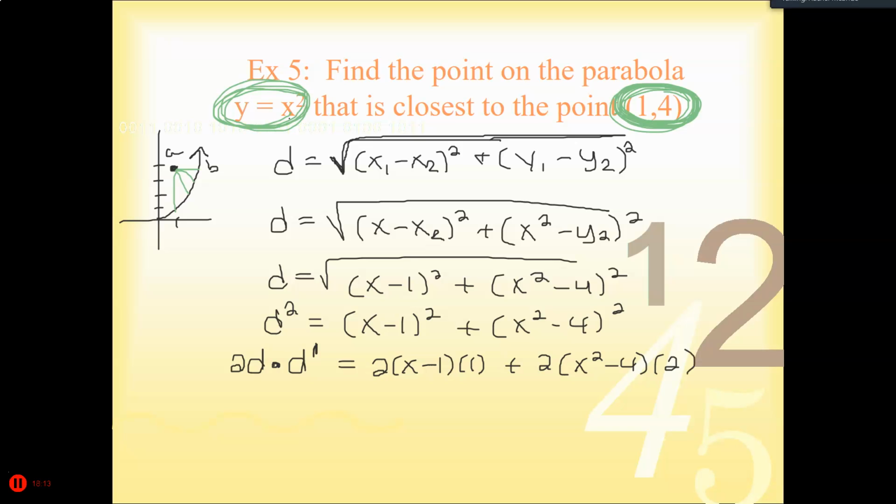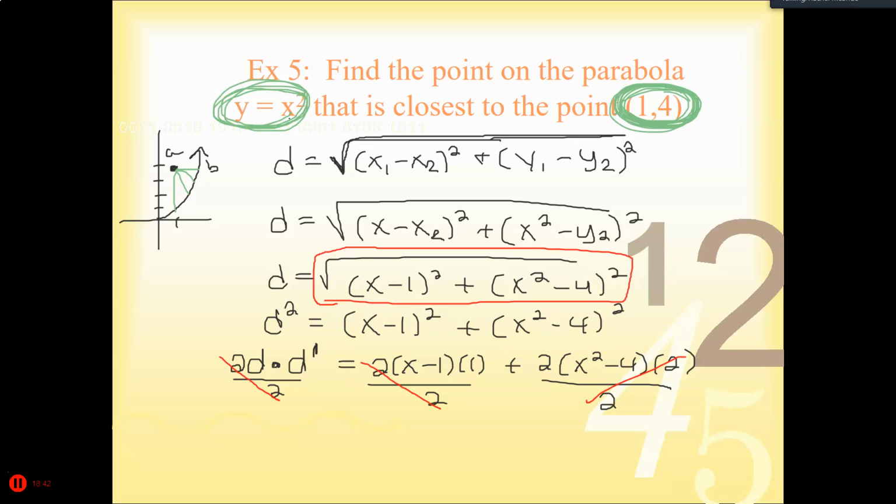What's really nice is that if I divide everything by 2, a few of my 2's are going to cancel, so that one goes away, that one goes away, this one can go away. And then we want to get d prime by itself, so we're going to divide by d, but we know that d is really the equivalent of all of this.